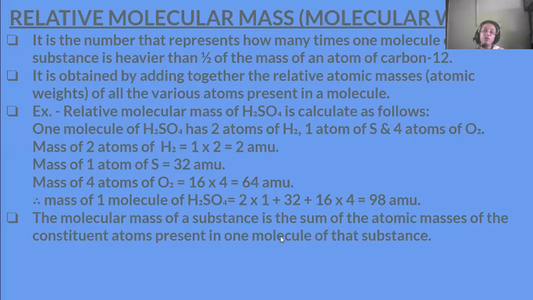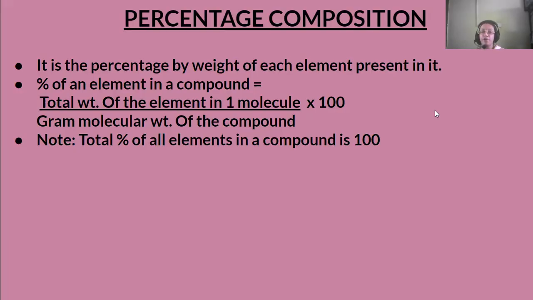So the gram molecular weight is 98 AMU. So 1 by 98, okay, into 100. That becomes the percentage of the element that is present in the compound. So the percentage of hydrogen is how much? 100 by 98. That will be the percentage of the hydrogen present in the compound sulfuric acid. Okay.